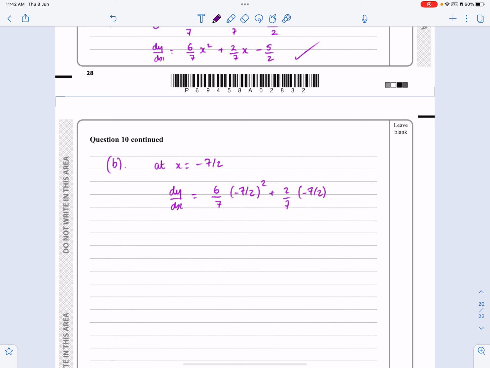Minus 7 over 2 there, minus 5 over 2. You can stick that all in the calculator and work it all out. I've already done it. It works out that the gradient at the point x equals minus 7 over 2 is 7.